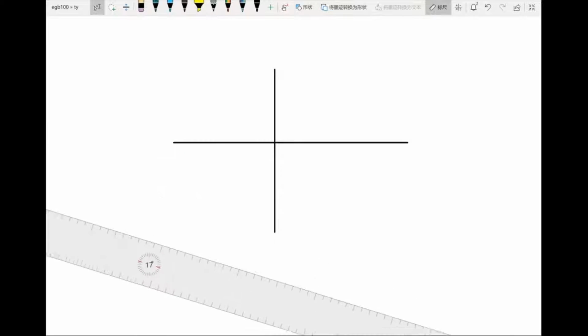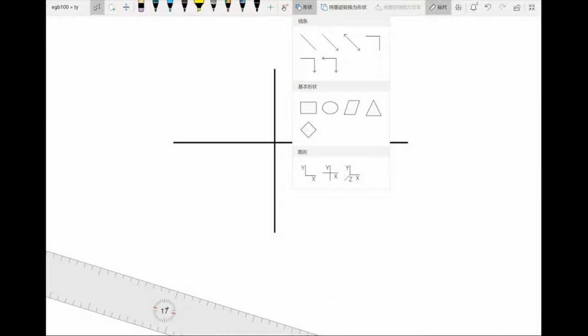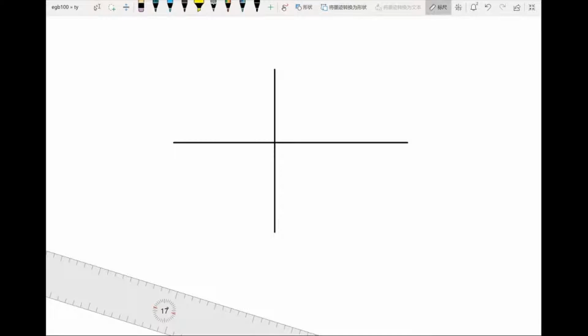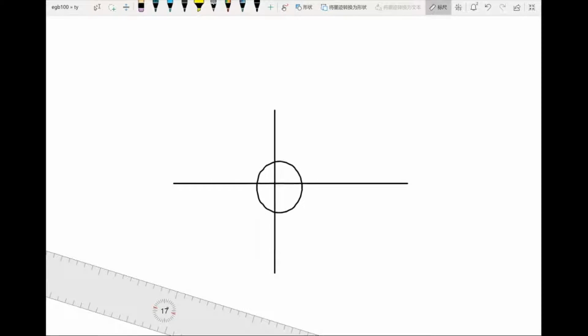Then we get that at any point, say this point here, with theta, this point here will be cosine theta, comma, sine theta.